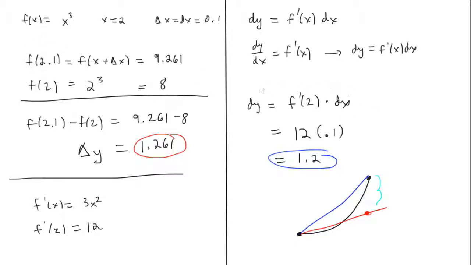Notice that this multiplication here was very simple to carry out, whereas doing 2.1 cubed was kind of annoying computationally. Okay, so this is all pretty easy right now. We'll look at the more exotic stuff in class. But basically, just for now, think of delta y as the actual difference that you actually compute, and dy as something that we get with calculus that approximates it.